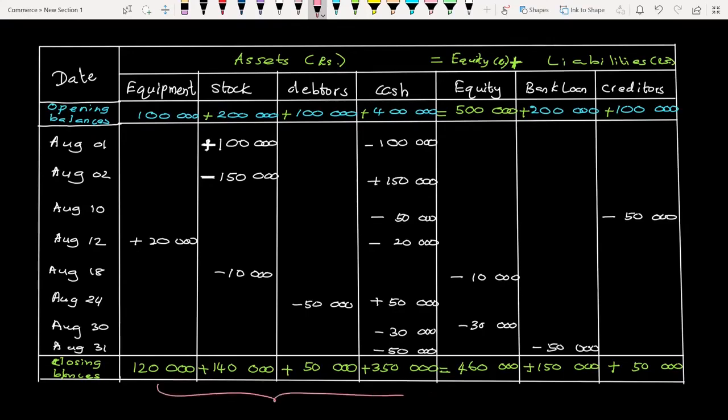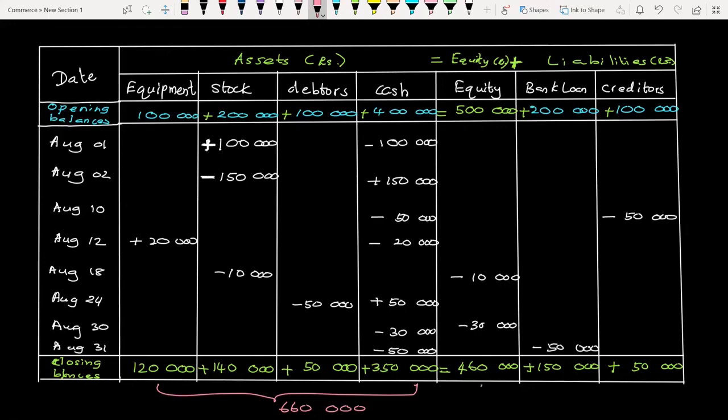So these balances. 120 plus 140 is 260. 260 plus 50 is 310. 310 plus 350 is 660. So it's 660,000 on the left side. Therefore, the total value of assets is 660,000 rupees.